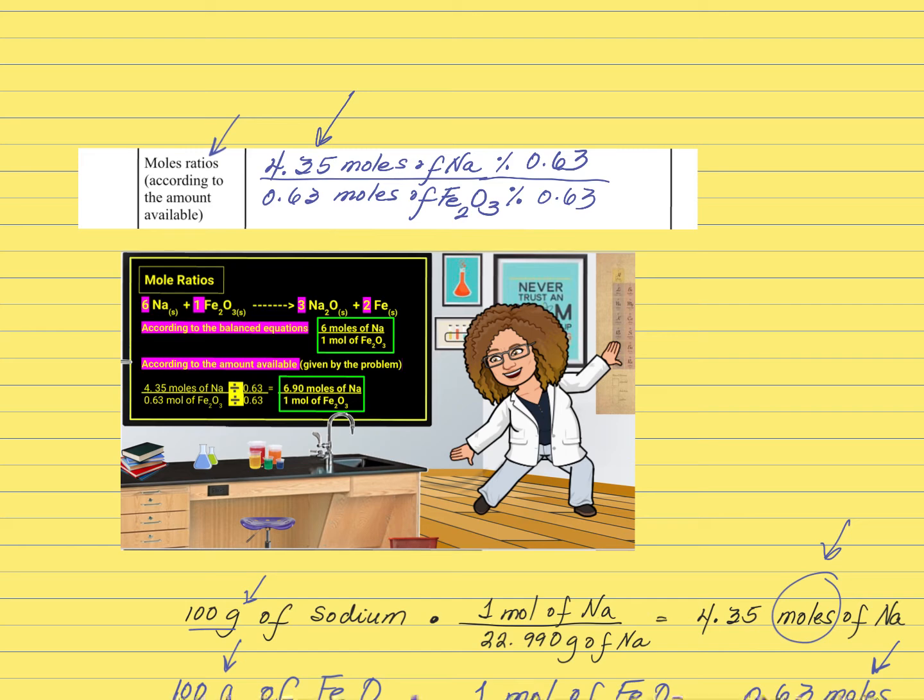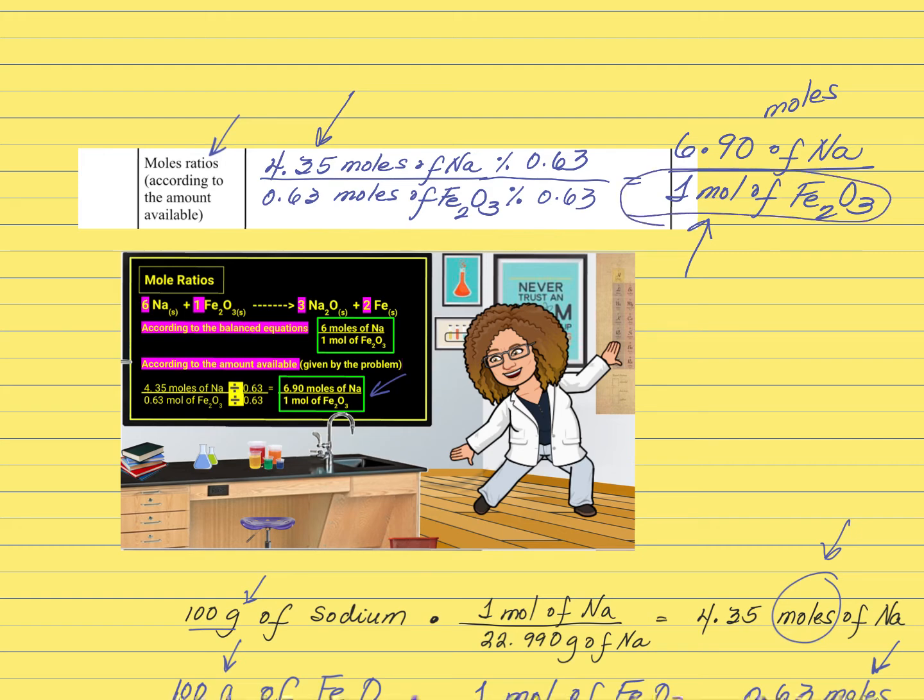If you look over here in my presentation, I was putting that there. According to what I have in the real situation, I have only 1 mole of iron trioxide, and I have 6.90 moles of sodium.